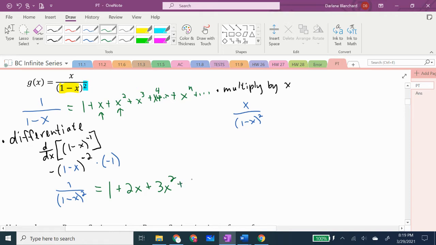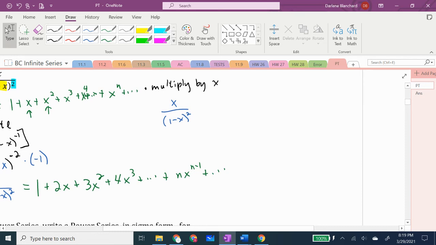And then differentiating the general formula. And then multiply by x. So I'm taking the result I just had and multiplying across the board by x.